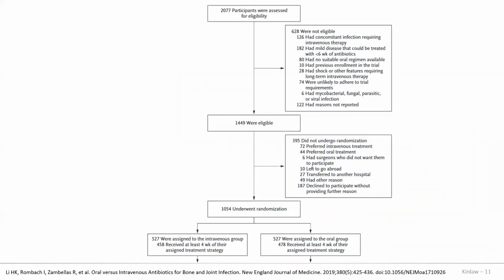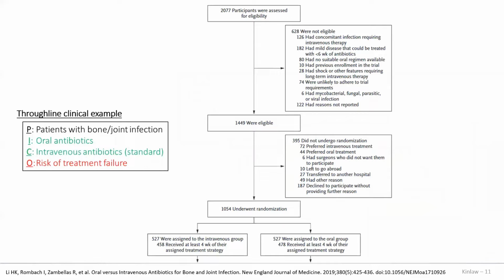This slide presents an example of a figure from a landmark trial that is the basis of our clinical throughline example for today. This figure is a schematic that is used to lay out all of the engagement with potential trial participants through their possibility of being considered for the study, being evaluated for eligibility, actually being enrolled, and the process for randomization and allocation of exposure.